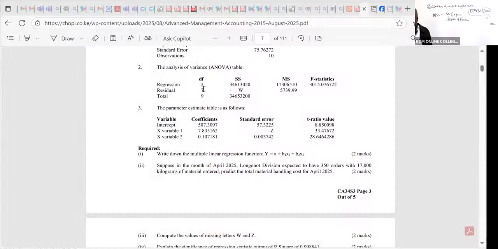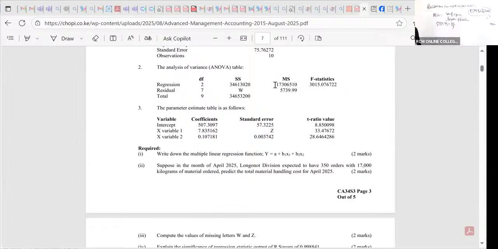So, ladies and gentlemen, where they have given us this W, the mean sum of squares is 5739.99, which equals sum of squares, that is not known and is being called W, divided by the residual degrees of freedom, which are 7.